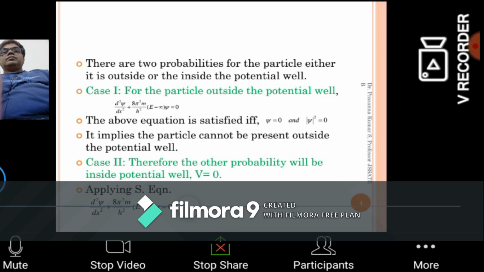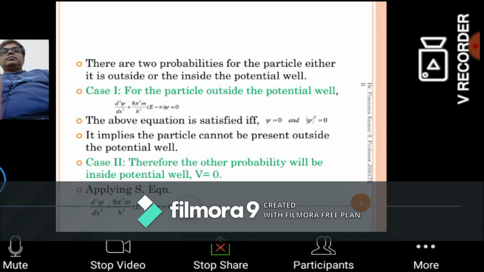So now let us first consider the particle is outside the potential well. Then what happens according to Schrodinger's equation? If you apply Schrodinger's time independent wave equation, it is d square psi by dx square plus 8 pi square m by h square (E minus infinity) psi equals 0, because potential energy is infinity outside, therefore I put infinity.